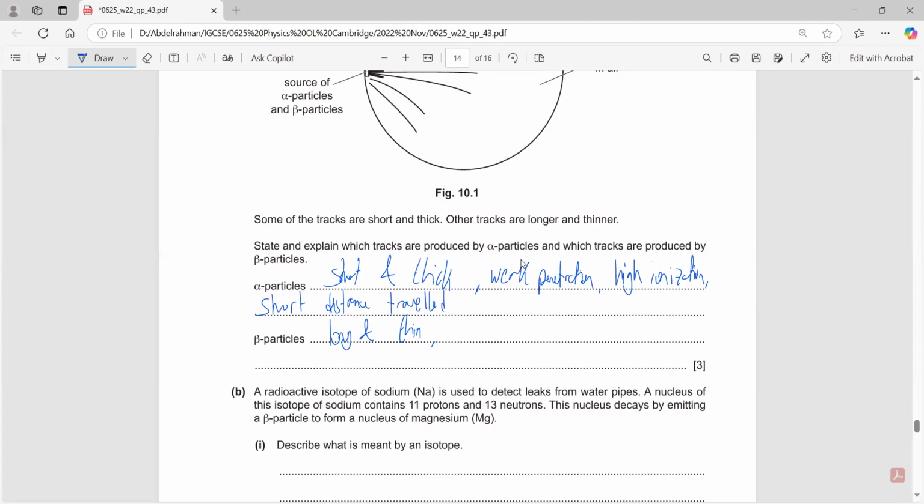While the beta has stronger penetration, weaker ionization, and a longer distance traveled.